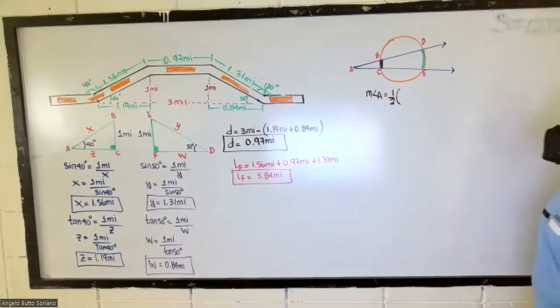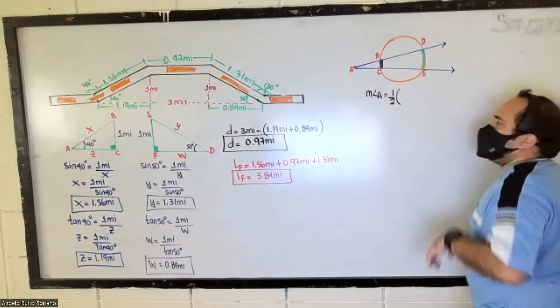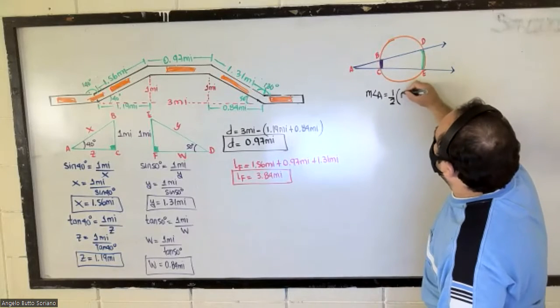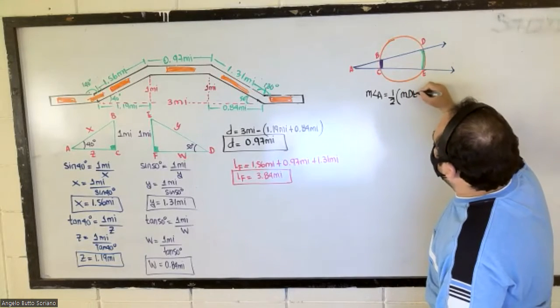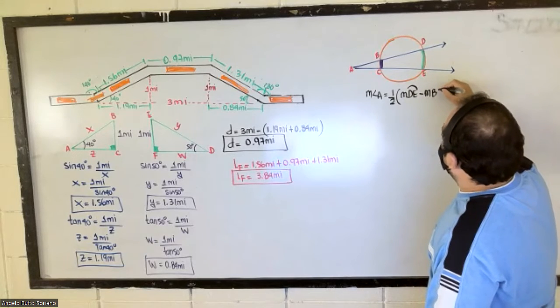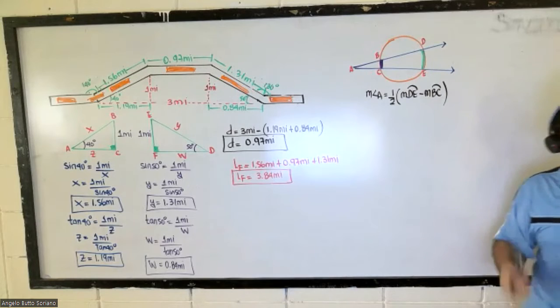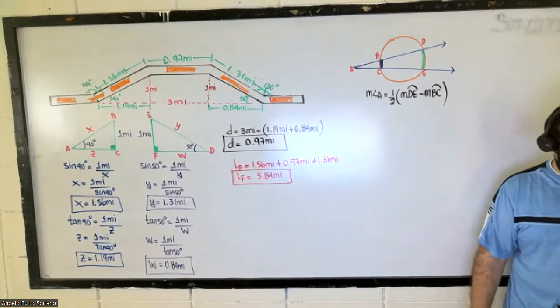In simple words, the bigger arc minus the smaller one. I mean, the measure of the arc DE minus the measure of the arc BC. This is what the postulate established in every situation.